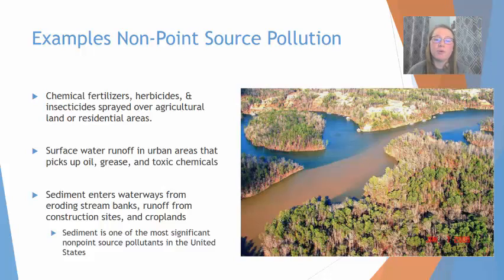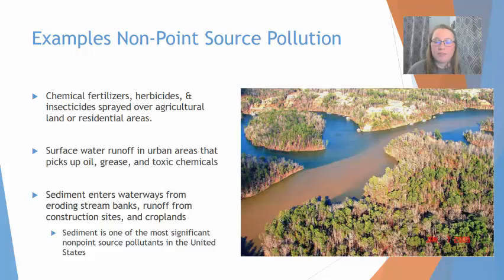Surface water runoff from urban areas often picks up those oils and greases and chemicals that were dripping out of vehicles and carries it down into storm drains and out into the waterways, or just across the surface of a parking lot and into a waterway. Sediment also enters waterways from eroding away stream banks and runoff from construction sites and runoff from tilled cropland.